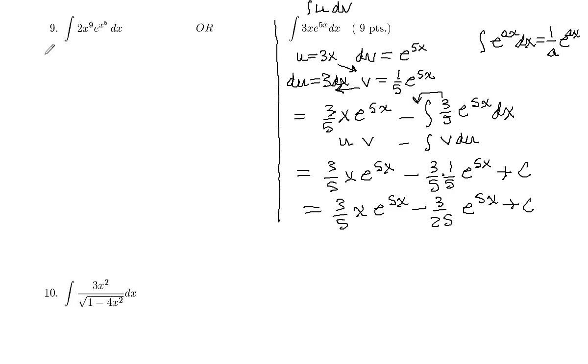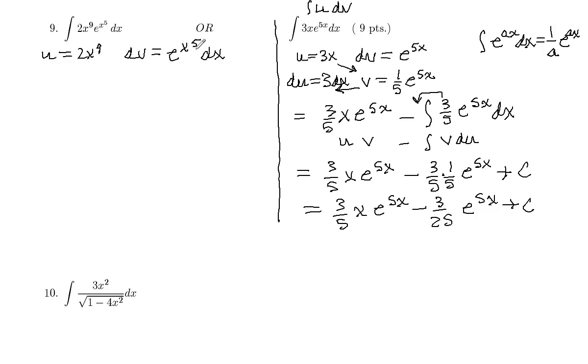So in other words, if you start out saying, don't write this yet, okay, I'm going to do my u and my dv. And if I say, well, u is going to be 2x to the 9th, and my dv is going to be the e to the x to the 5th, which is what you usually like to do with integration by parts. You let the u be the part that's got the power in it.